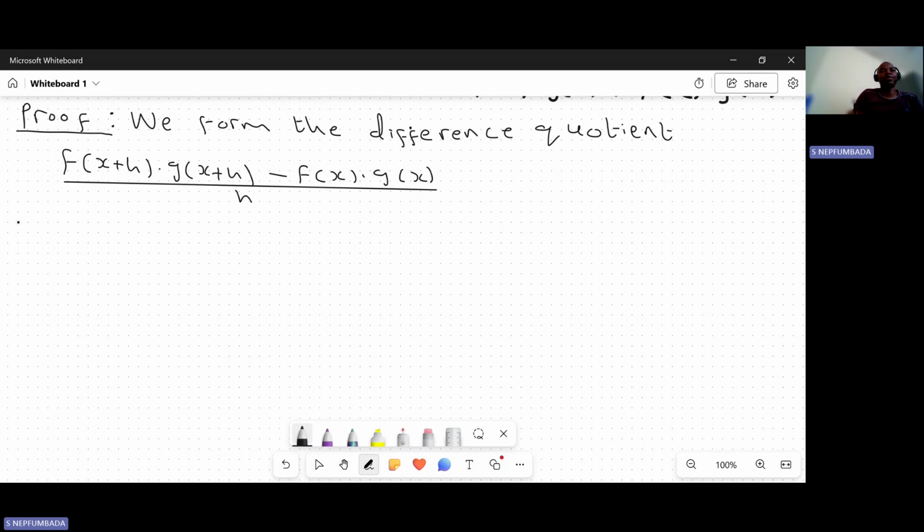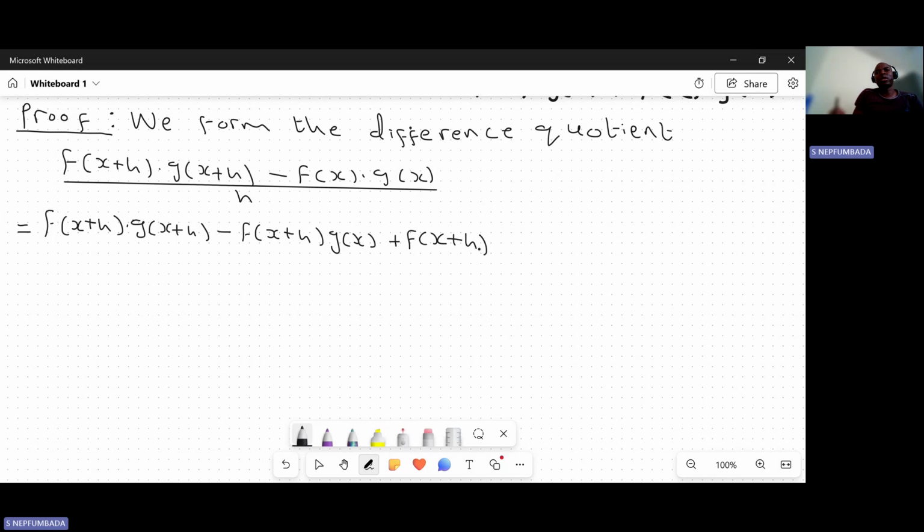So if we introduce f at x plus h and g at x, we can add it and subtract it at the same time. It means we are going to have f at x plus h multiplied by g at x plus h, minus f at x plus h multiplied by g at x. Then we add this, I know we subtract, we add so that they can cancel each other.